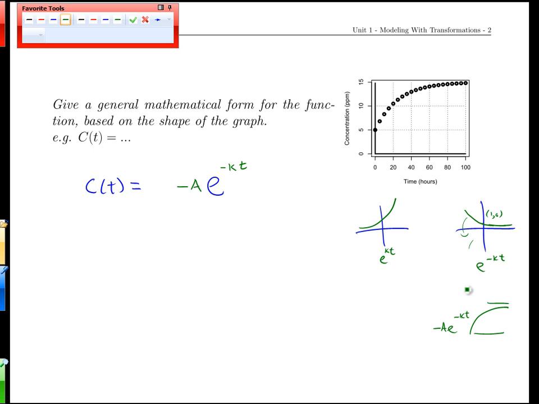And we notice that if we were to draw that function as it is right now, we would have the asymptote coming up towards y equals 0, but we need the graph to be up at 15, so we're going to have some shift on top of that. So gradually we can build together some template, essentially, for an exponential function that would have this shape, and this would be its formula.